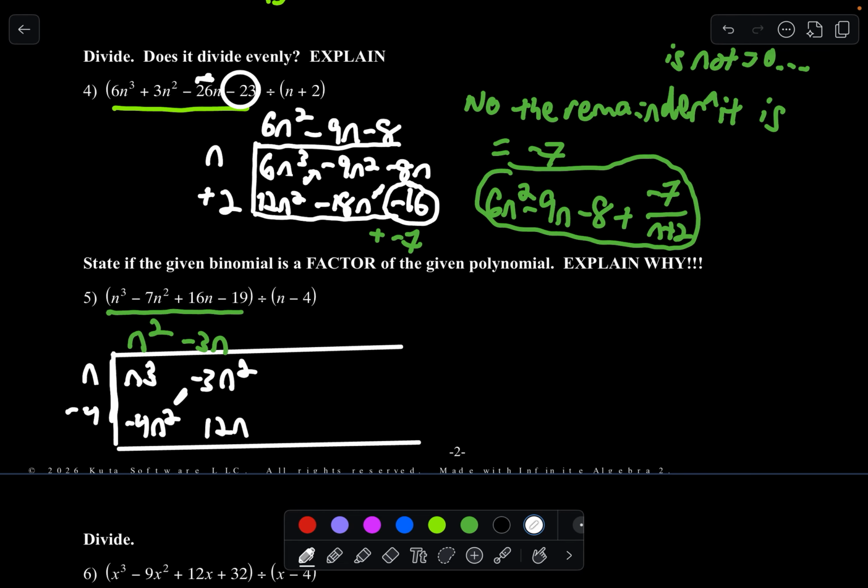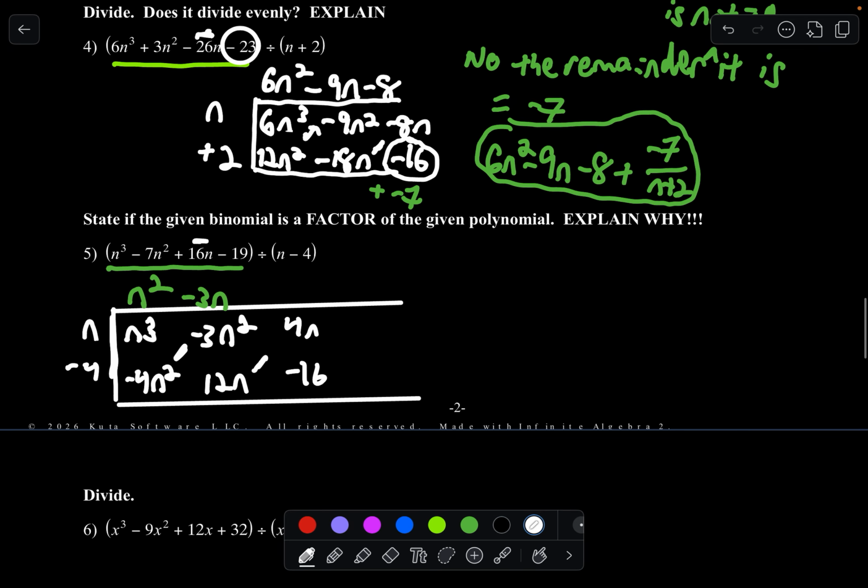What do you have to add to 12n to give us 16n? That's going to be 4n. 4n times a negative 4 is a negative 16. Okay? Notice, we're supposed to have a negative 19, but we have a negative 16.